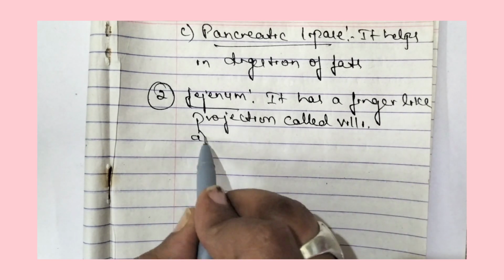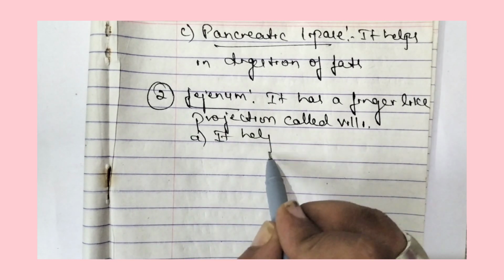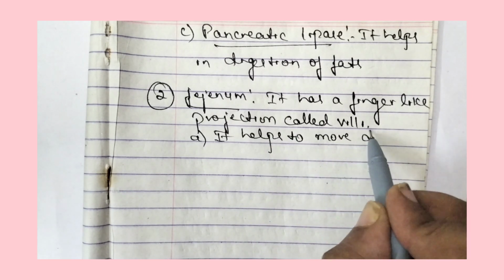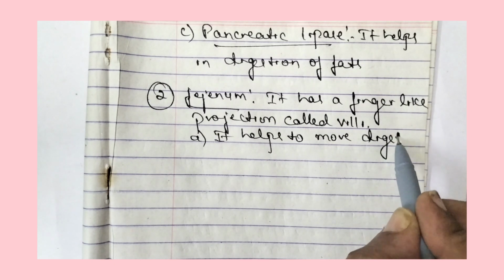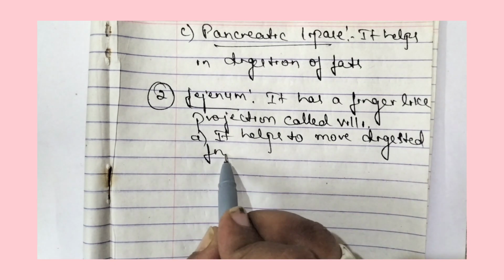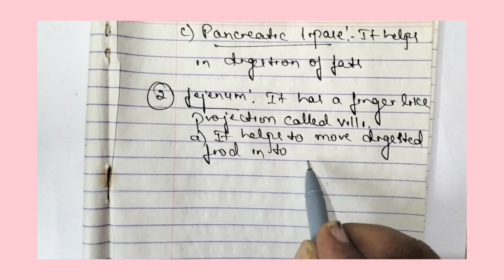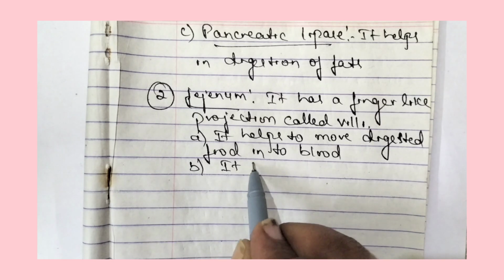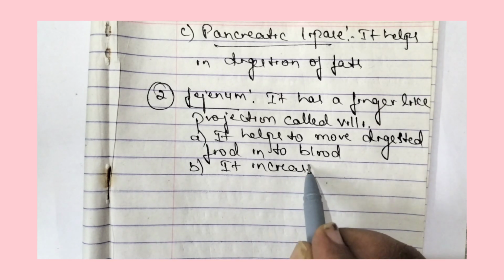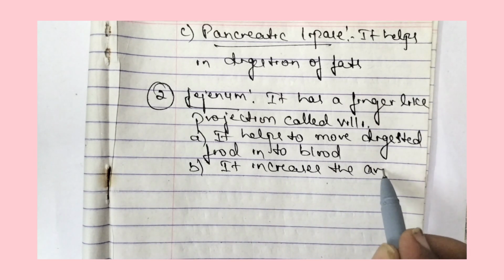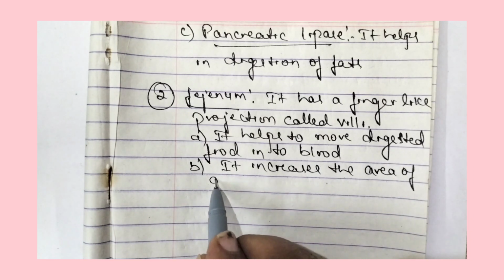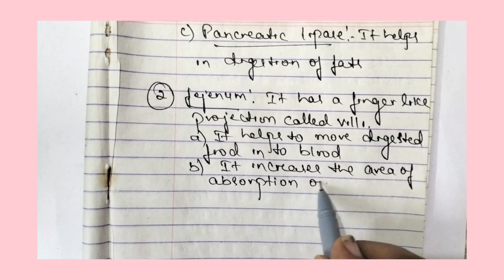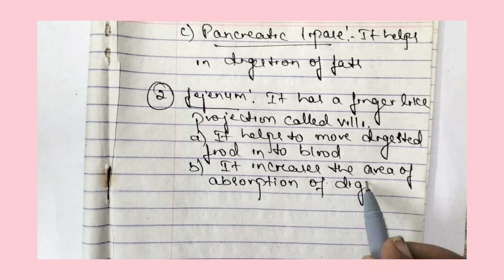The function of villi is that it helps to move digested food into blood, and it increases the area of absorption of digested food.